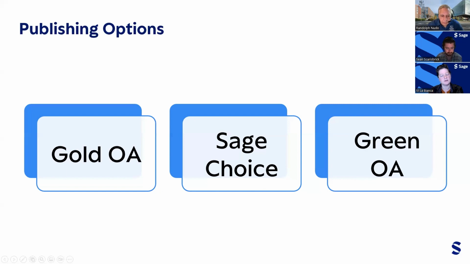The standard rate for a Sage Choice in a traditional journal is $3,000, but you may be eligible for discounts or waivers through your institution. Publishing open access allows you to publish your article under a Creative Commons license, or a CC license. This allows the research to be freely accessible and available to all readers, and even allows others to reuse content again.